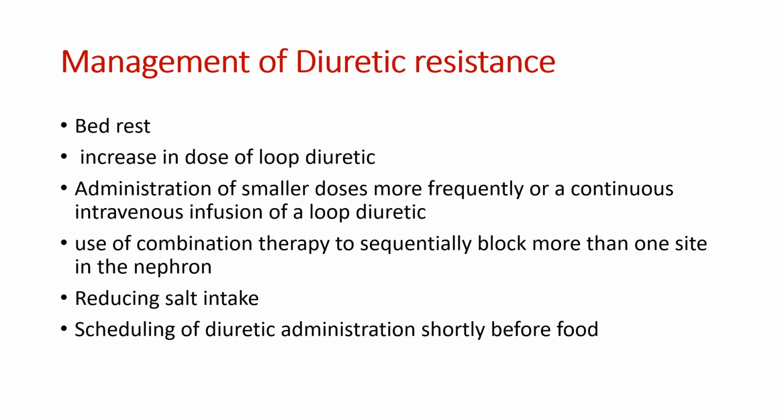So this can be minimized by reducing the salt intake, and scheduling the diuretic administration shortly before food, so that the peak diuretic action can be there whenever there is an increase in the salt load. So by following these steps, diuretic resistance can be overcome.